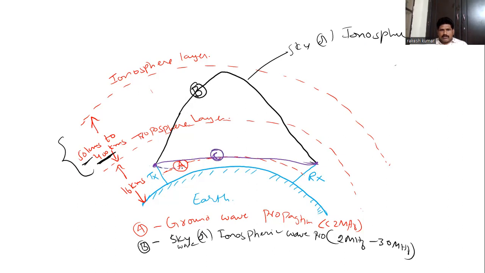There is another way also. The signal comes to the surface, gets reflected and goes to the receiver.